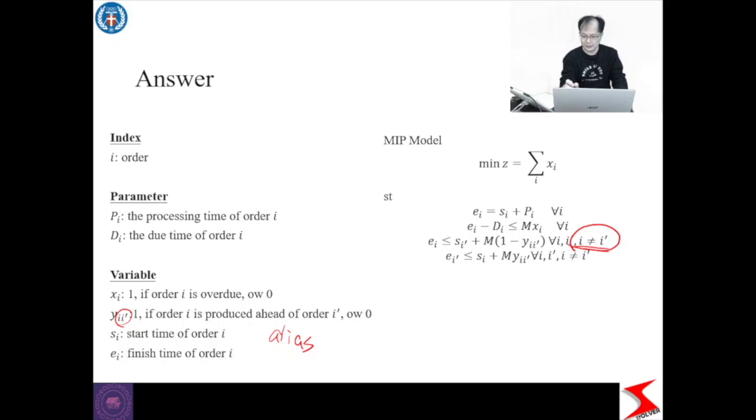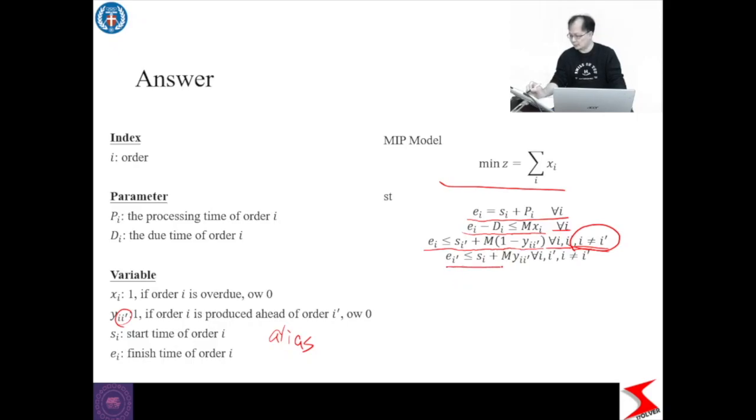Okay, we have minimize z equal to summation xi, and subject to ei equal to si plus pi for every I; ei minus di less or equal to m xi for every I; and ei less or equal than si prime plus m times (1 minus yii prime) for every I, I prime, and I is not equal to I prime.